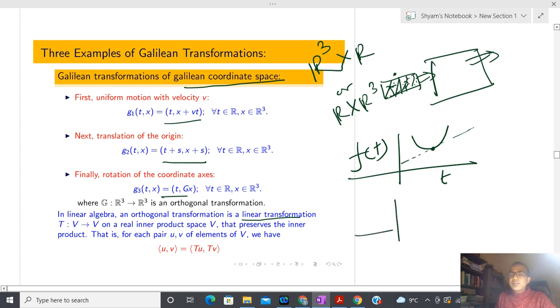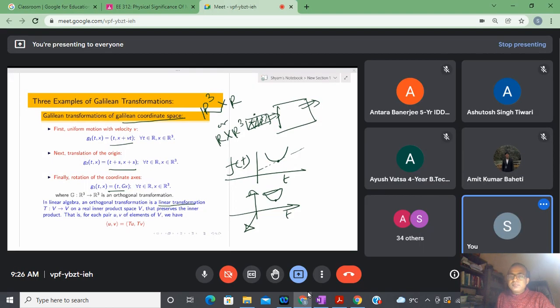Now suppose I am talking about a two-dimensional plane and another independent variable, and suppose I have this kind of structure. Could you please tell me the geometrical interpretation of the derivative at this point? Anyone? What is the geometrical interpretation? Ayush, could you please guess?